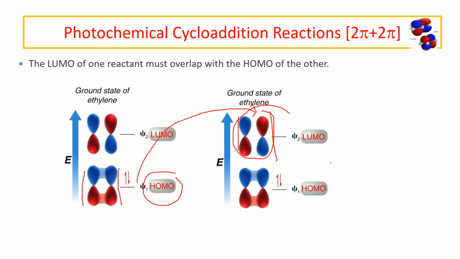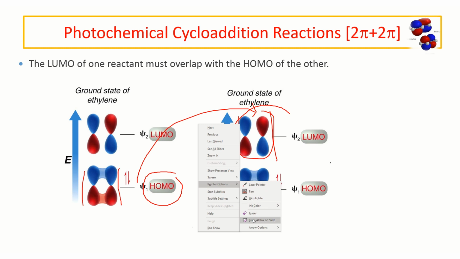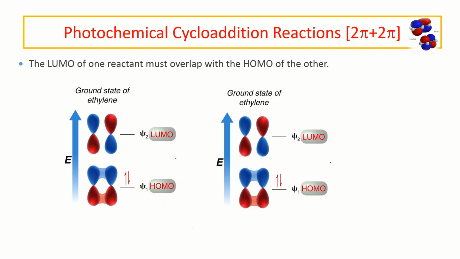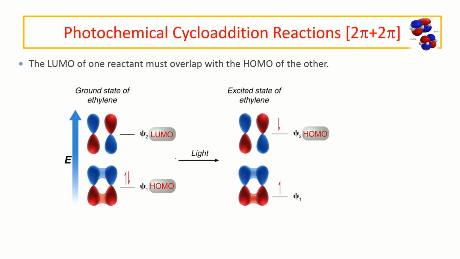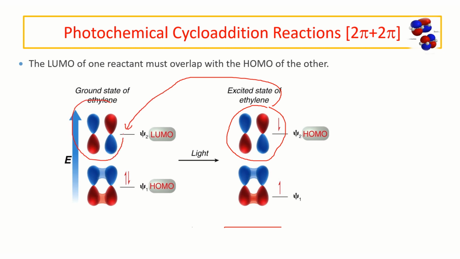But what we can do is, use your imagination, if we excite one of the ethylene molecules with a bit of light, then imagine we have an excited state ethylene which has a HOMO which is asymmetrical, and now that can donate to a LUMO that is asymmetrical.